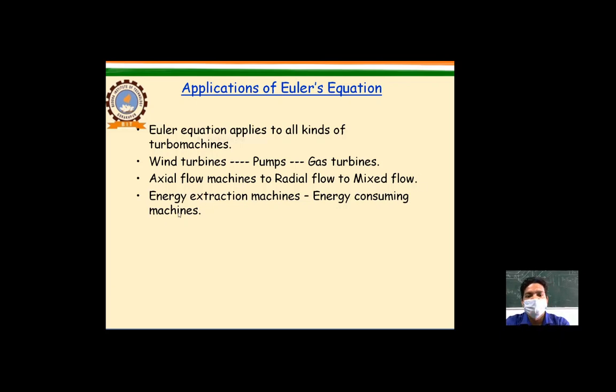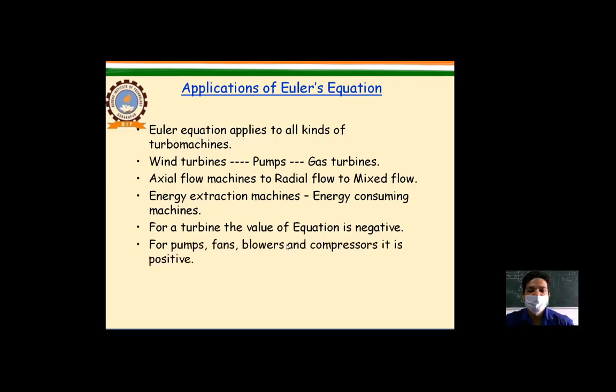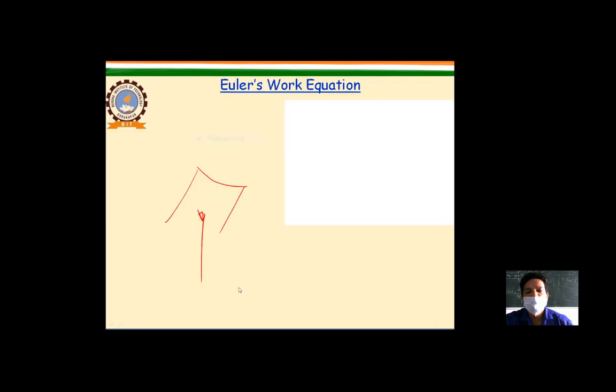If we talk about the energy extraction machines, that is the energy consuming machine also. For a turbine, the value of the equation is negative, and vice versa for the pump. Finally, we reach that point for pumps, fans, blowers, and compressors: it is positive.